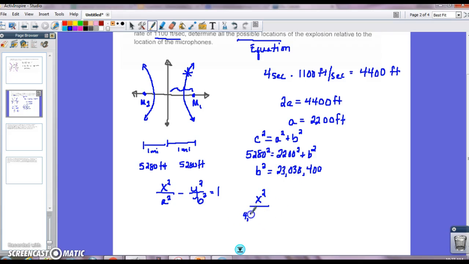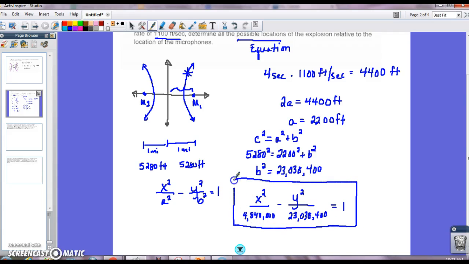So x squared over 4,840,000 minus y squared over 23,038,400 is equal to 1. And that's the equation for this particular hyperbola. So that describes all of the possible locations of where the explosion can be.